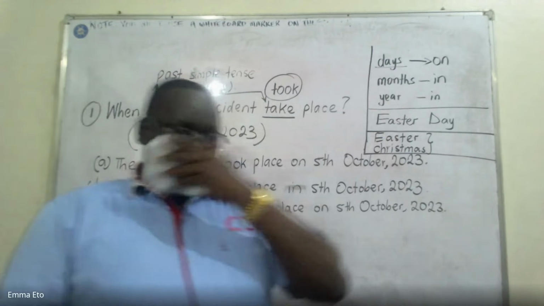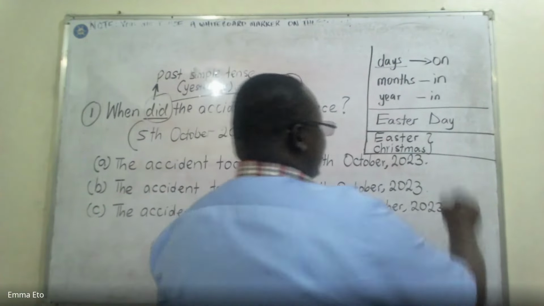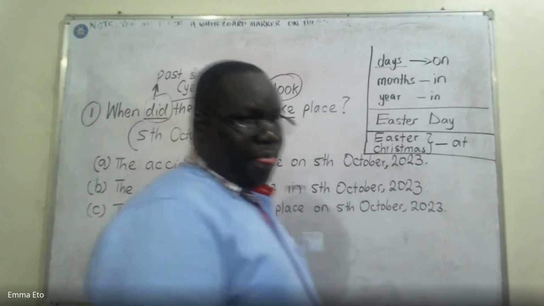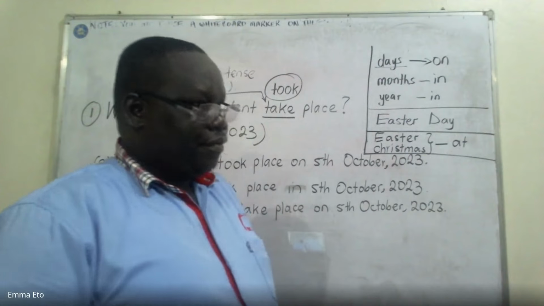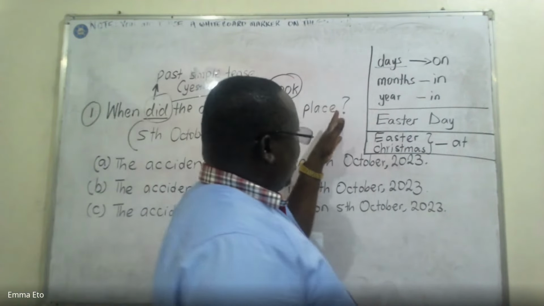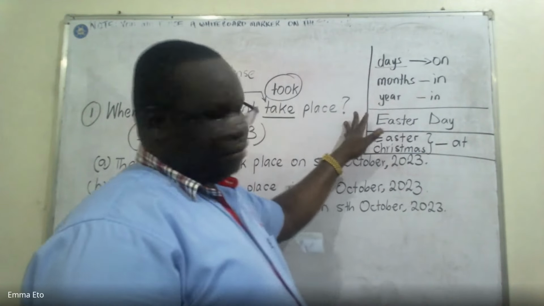For a period where an event takes place, we normally use the preposition "at". So you say, I slaughtered a chicken at Christmas, at Easter.